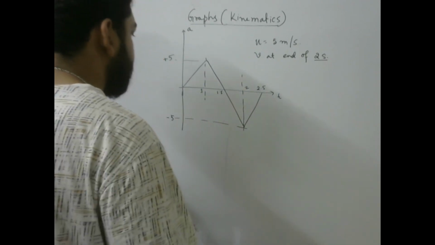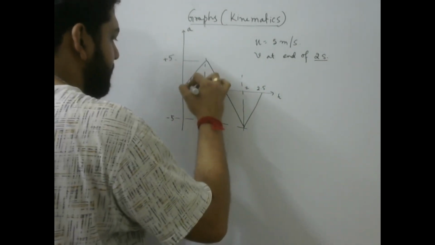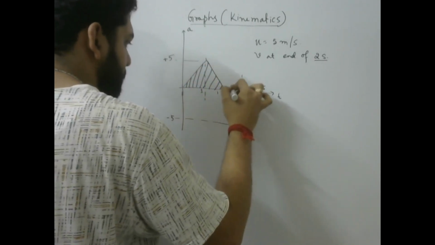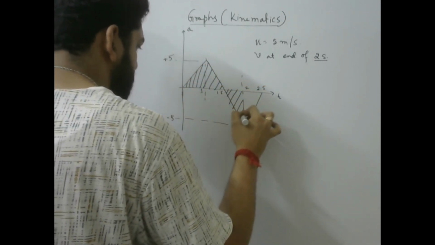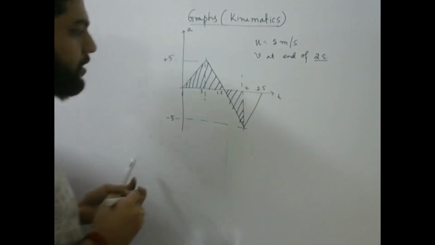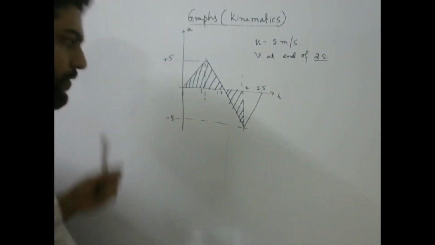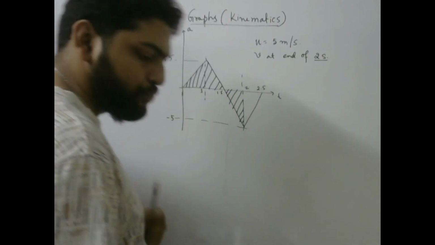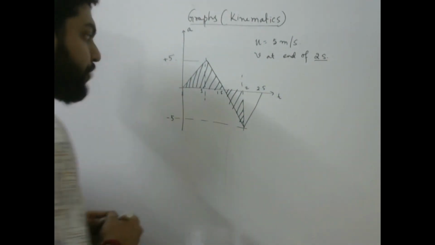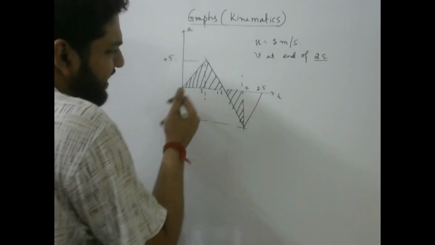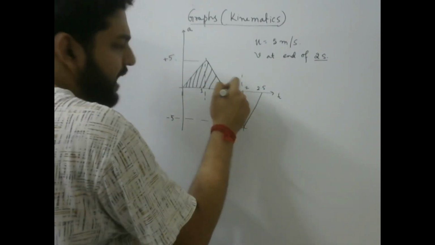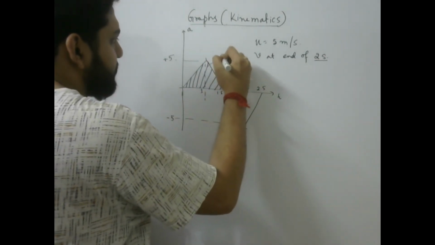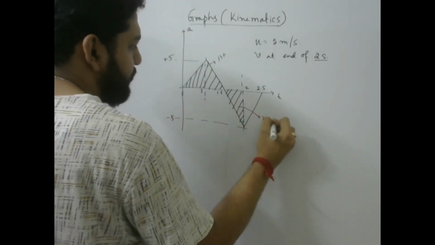We are looking for this shaded region. Only this much we require, because they are asking for the velocity at the end of 2 seconds. So we can segregate the first triangle and the second triangle, and calculate the areas.